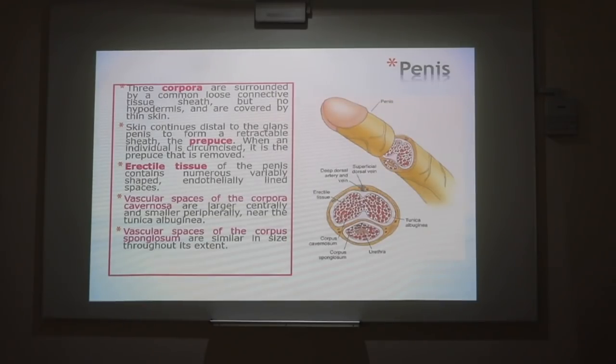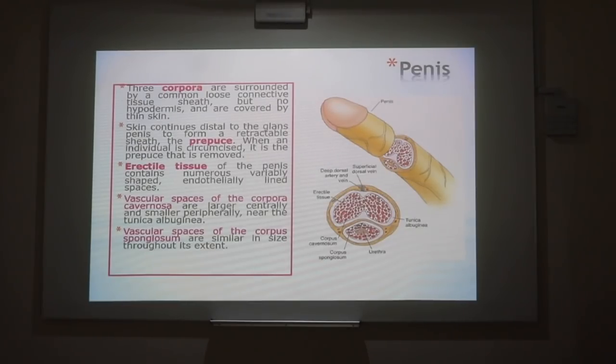And that's why when you have erectile dysfunction and you are given these drugs which help in erection, for example the Viagra, which is commonly used, sildenafil is basically going to increase the cyclic GMP levels.